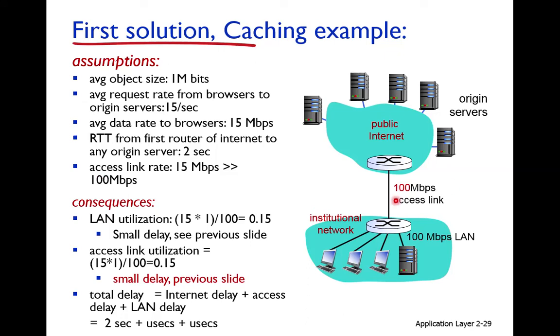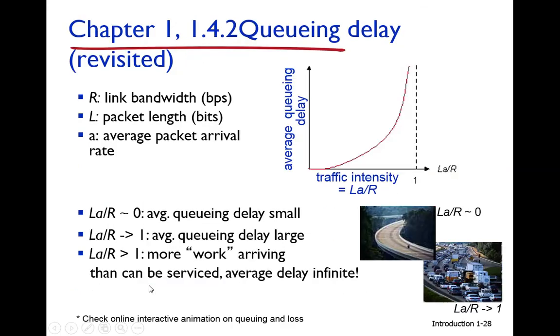When this bandwidth is increased, its utilization will become 15 into 1, which is the load on this link because 15 objects are requested and each object is 1 MB. So 15 into 1 passes in 1 second, and its bandwidth is 100, so the utilization will be 0.15. When the link utilization is 0.15, the delay will be small, as we have explained in chapter number 1.